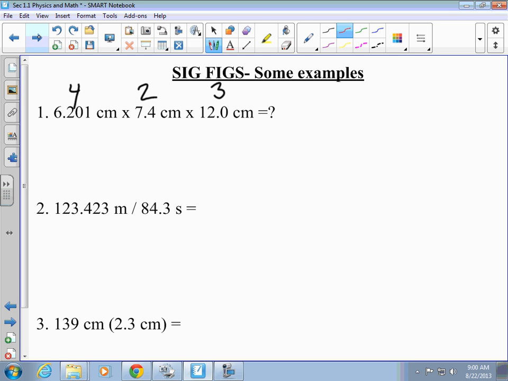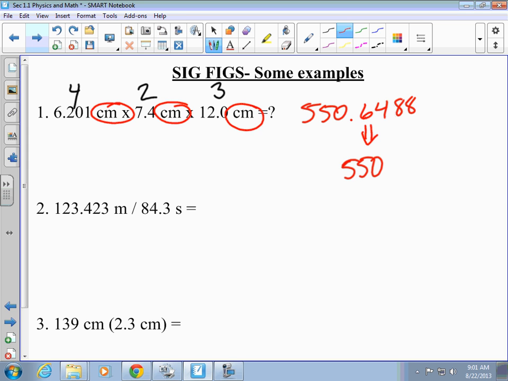So when you take 6.201 times 7.4 times 12.0, you end up getting 550.6488. Well, how do we make that into 2 sig figs? We're going to make that into 550. Now what's key is our units. We have centimeters times centimeters times centimeters. So our units would be centimeters cubed.